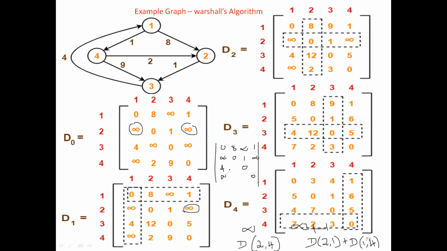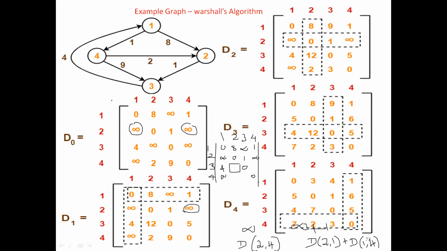Next I'll fill what is to be there in 3 comma 2. We have to fill something here, right? This is nothing but 3 comma 2. 1, 2, 3, 4 are the vertex numbers. So now I have to fill 3 comma 2.